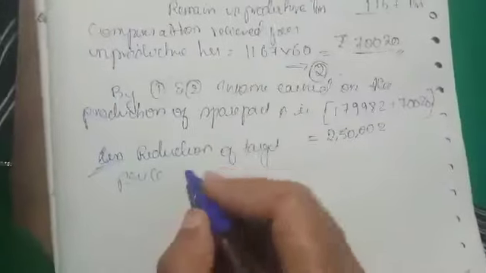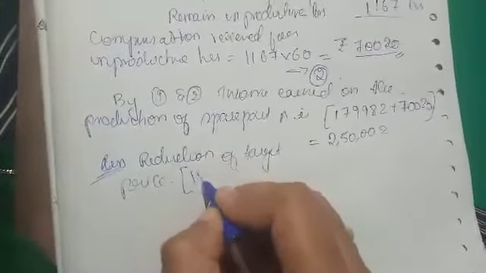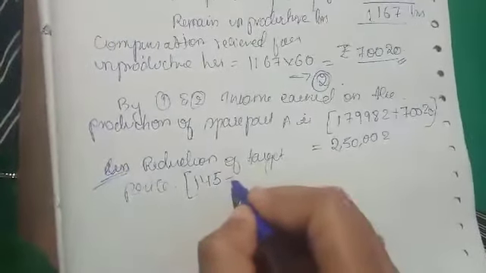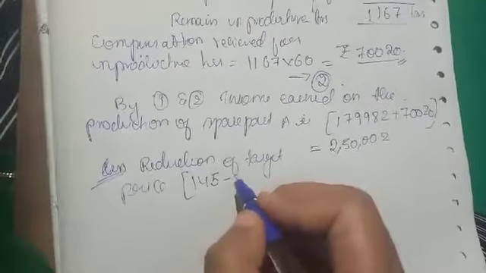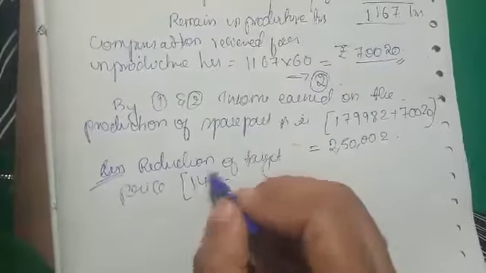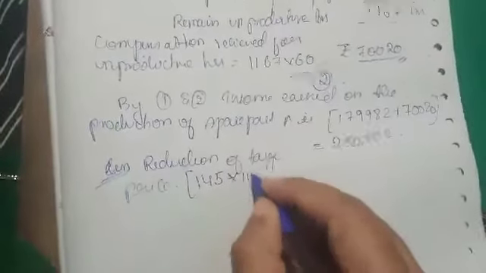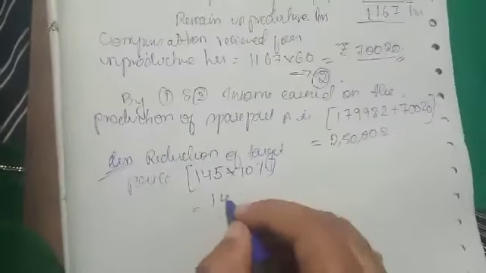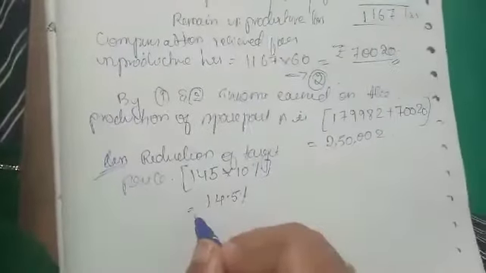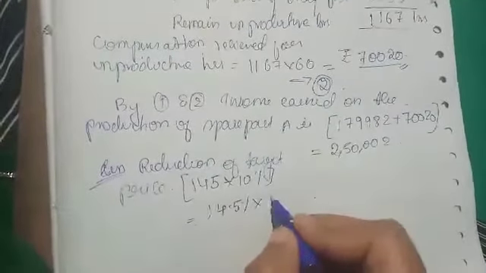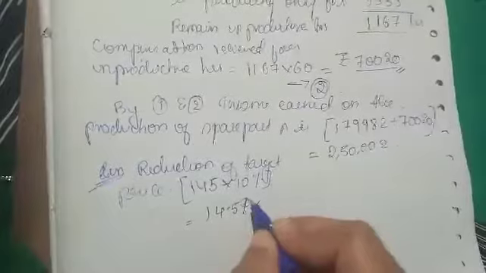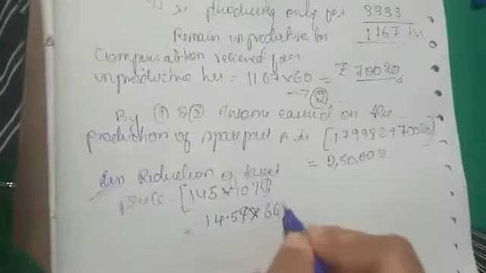Okay, so the target price is 145 rupees minus 10% of it. Here we have to take only the reduction amount, which is 10%, that is 14.5 rupees. So this reduction of 14.5 rupees will be applied for 6,666 units.